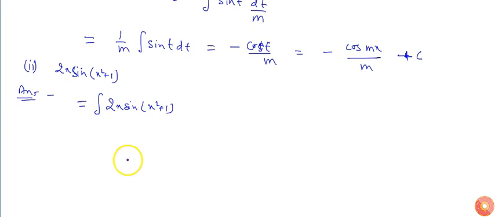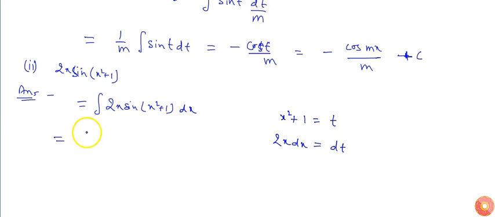Since it is difficult to integrate sin (x square plus 1), I can use the substitution method. If I substitute x square plus 1 equals t, then 2x dx will be dt.